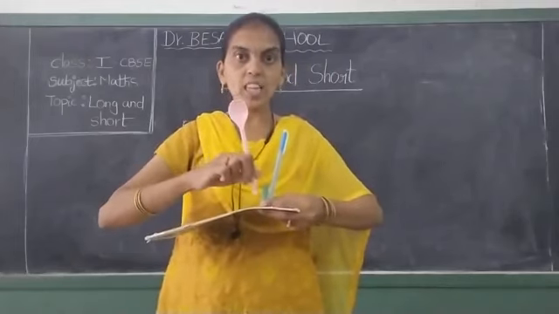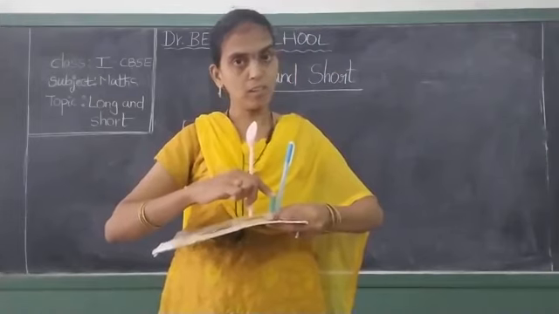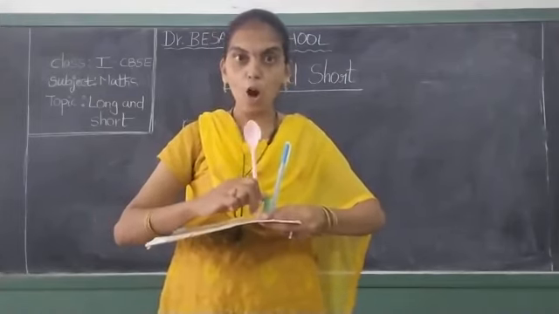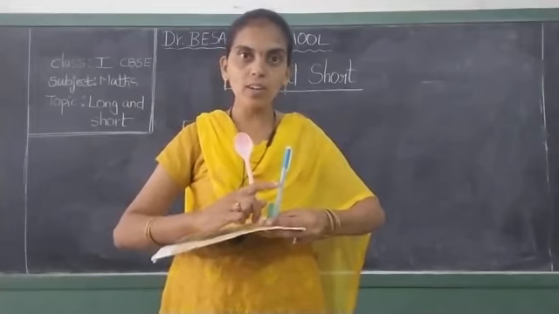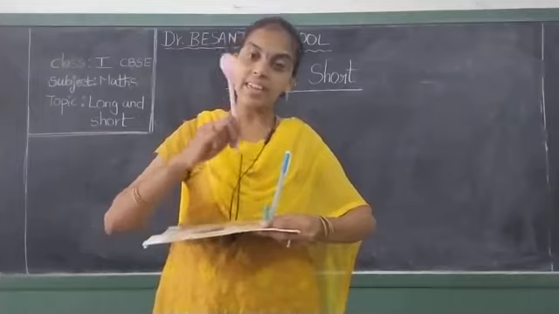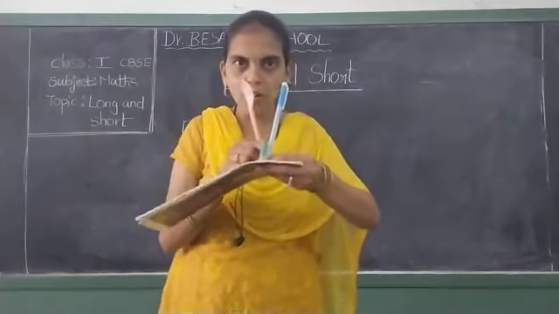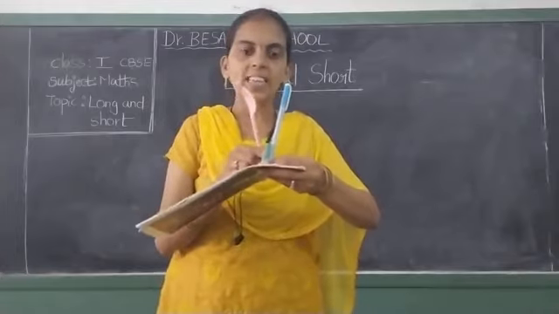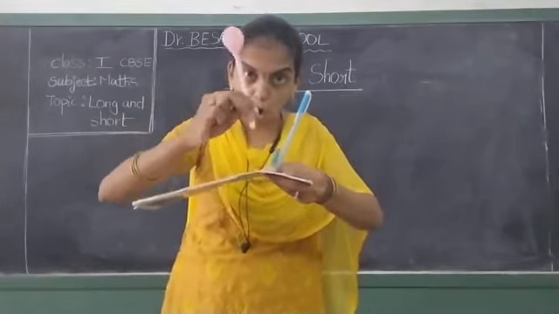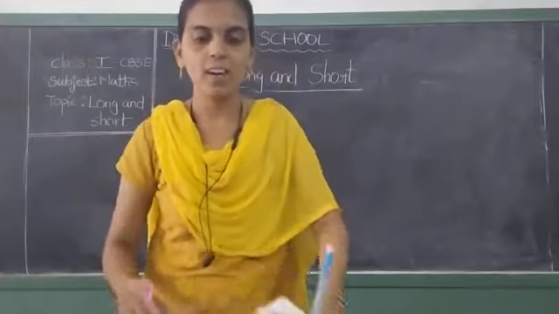Now, observe this spoon. This spoon is longer than this chalk piece or not? Yes. Also observe, the spoon is longer than this pen or not? Yes, it is also correct. That means the spoon is longer than these two objects or not? Yes, that means this spoon is going to be the longest. Then we should use the word longest.